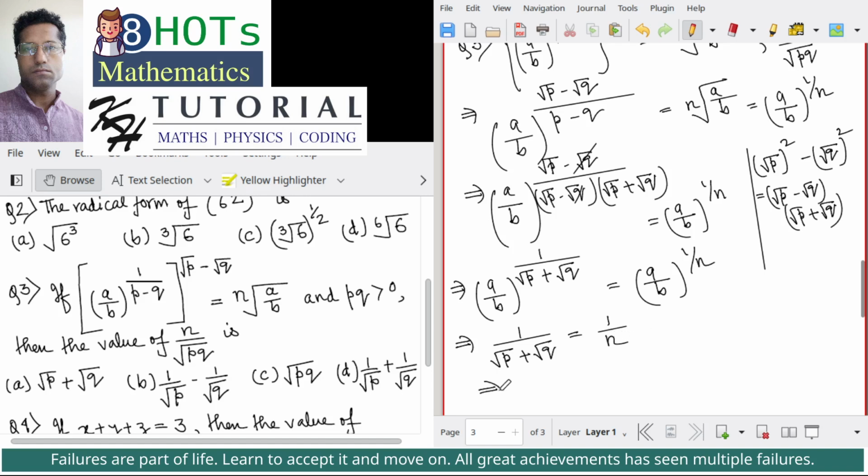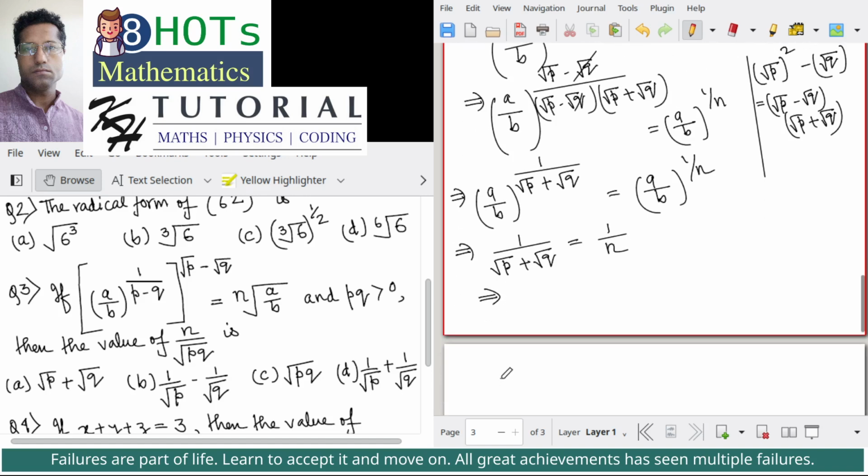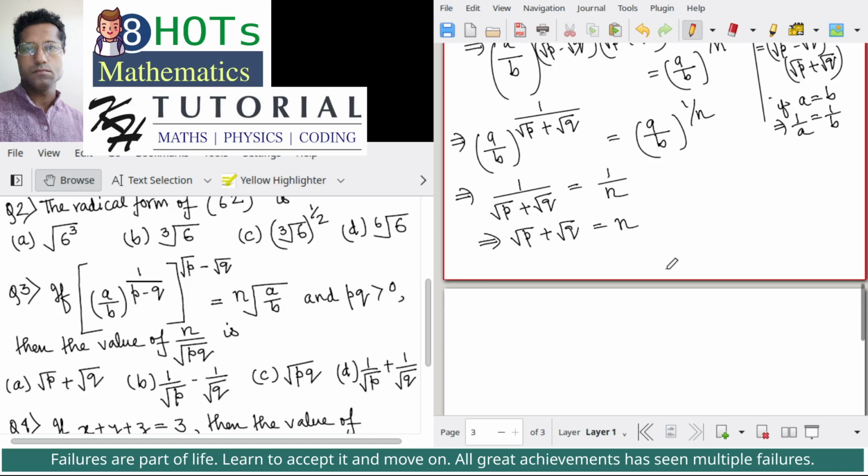So this implies the reciprocal: if a is equal to b, and definitely for non-zero numbers a and b, this will imply that 1 by a will be equal to 1 by b. So we will have square root of p plus square root of q equal to n. So n is equal to square root of p plus square root of q.